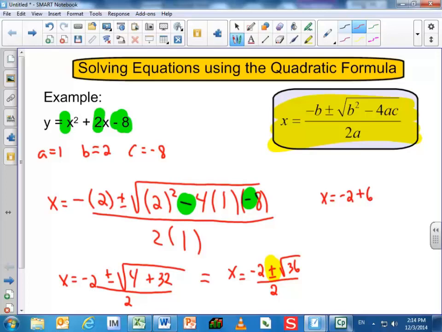That's 6, right? All divided by 2. Well, that would be 4 divided by 2, which equals 2. And the second time we work this, we get -2 minus 6, that's the square root of 36, over 2, which gives us -8 divided by 2, which equals -4.